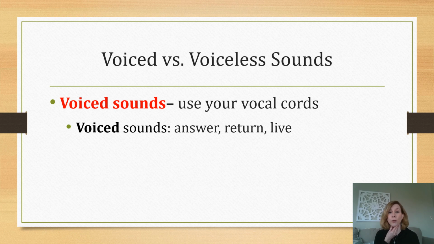You have your vocal cords here, and when you say a sound like the first verb there, answer, I can feel my vocal cords vibrating. That means it's voiced. Next verb we have return. Return. I feel a vibration right here when I say return, the end of the verb. And then live, also live. I'm using my vocal cords to make that V sound.